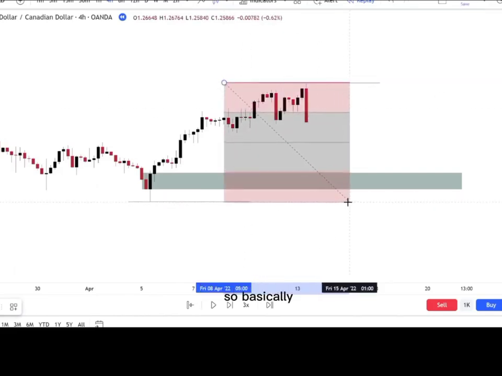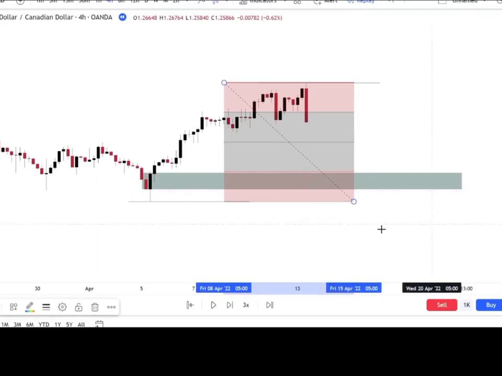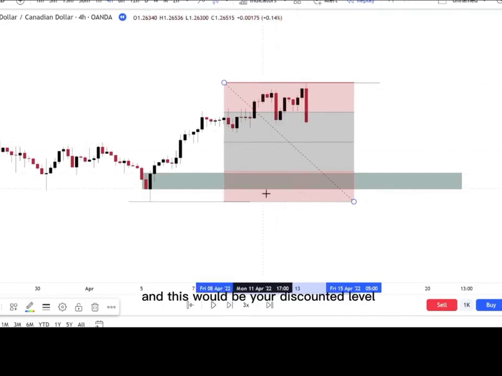So basically, the 4 parts are 0, 25, 50, 75, 100. And this would be your discounted level, and this would be your premium level, and this would be your fair price.